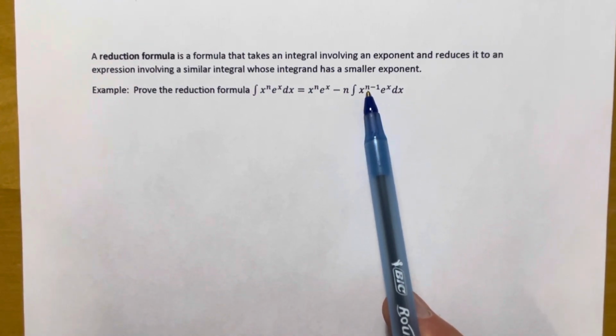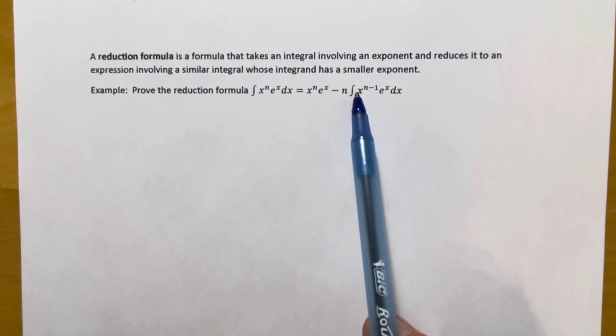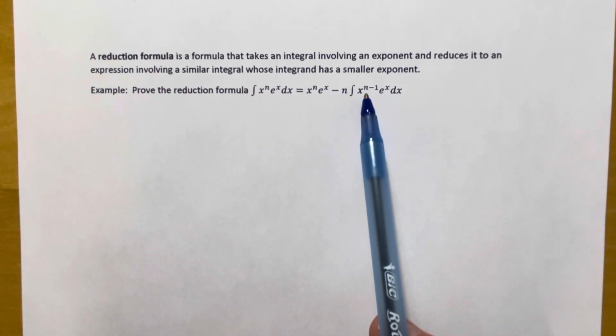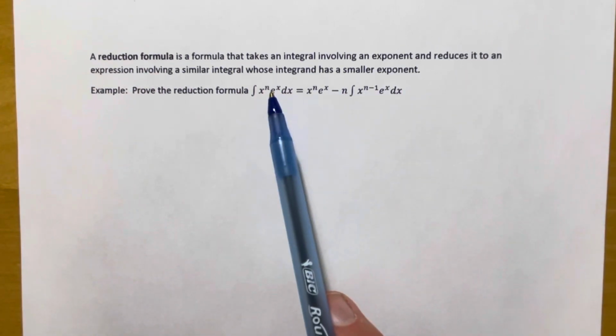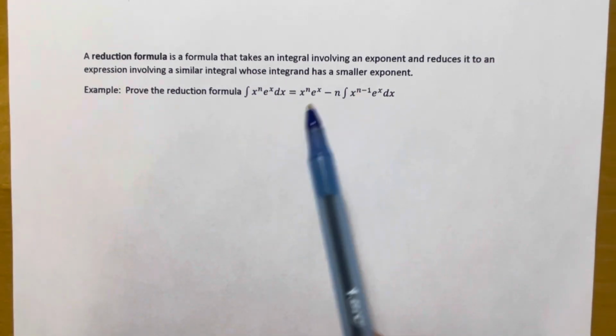So this power, n minus 1, is smaller than that n. So in a sense, the integral that results from using this reduction formula is slightly simpler than what we started with, only because of the smaller exponent.